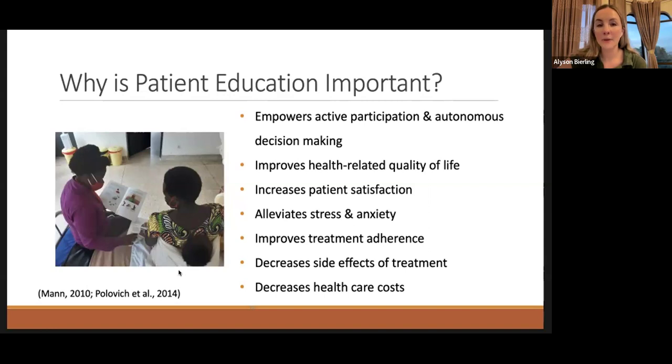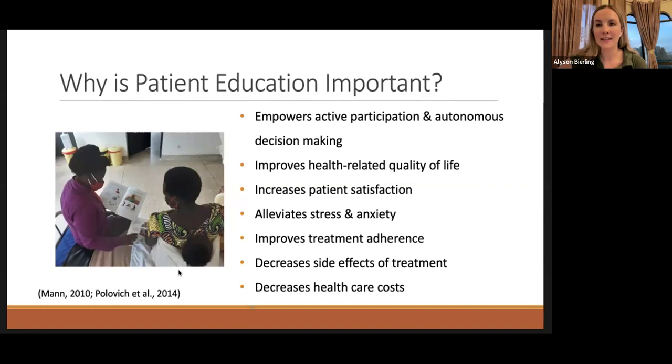Patient education improves health-related quality of life and patient satisfaction. It alleviates stress and anxiety. Any patient that has just received a cancer diagnosis is going to be stressed and experiencing anxiety to some degree. I have never met a patient who is not experiencing any degree of stress or anxiety.